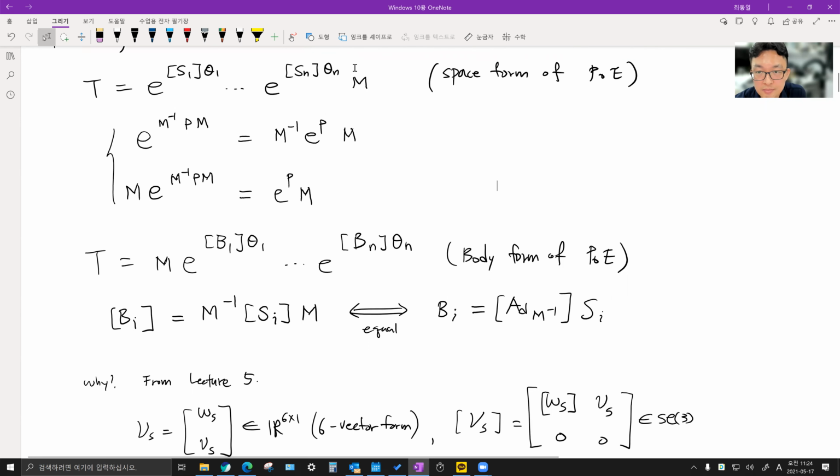The M matrix moves from the last position to the first position, and all the screw axes are changed from space form to body form.